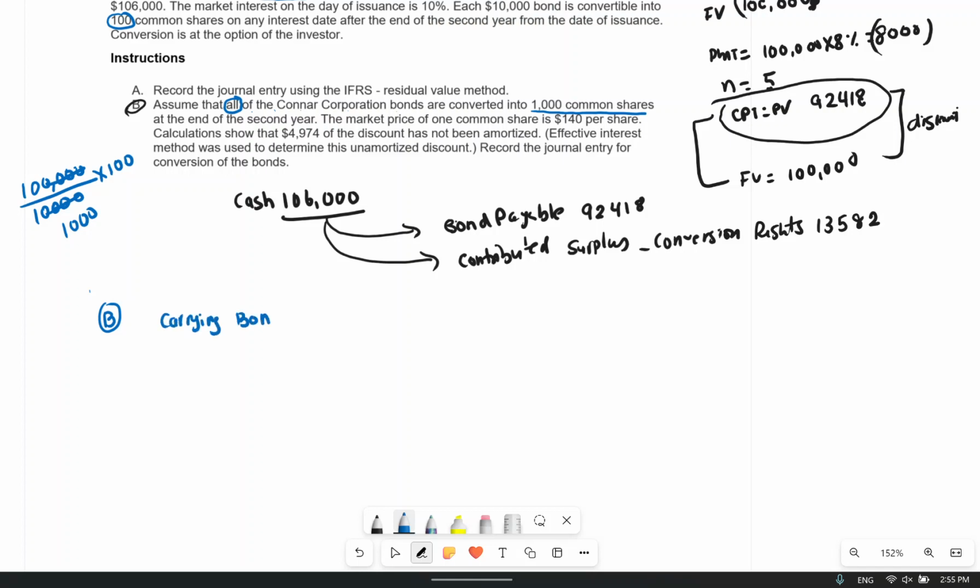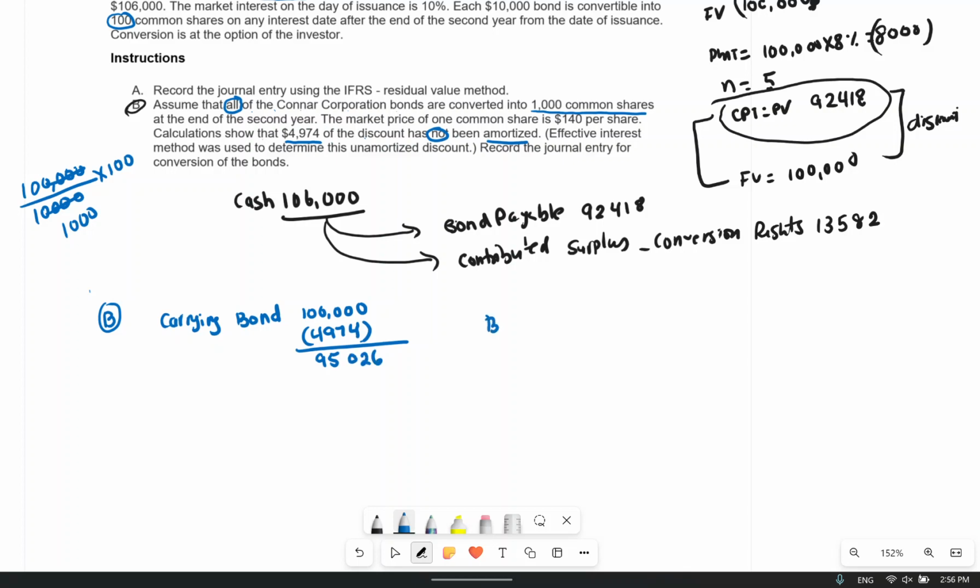So the carrying value of our bond will be, in this case they told us that a calculation shows that 4,974 of the discount has not been amortized. If it hasn't been amortized, we're working backwards. We are going to work with the face value of our bond as 100,000, and what hasn't been amortized we need to subtract, and that will give me the carrying value of my bond.